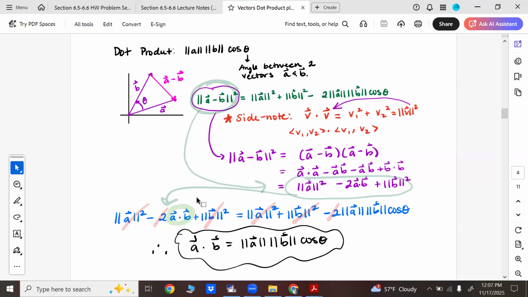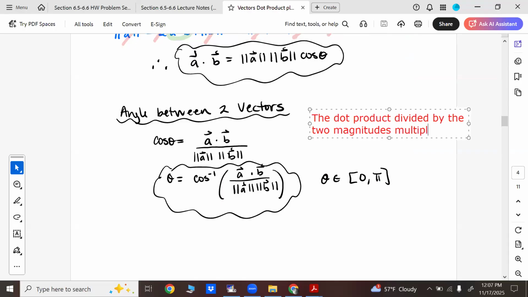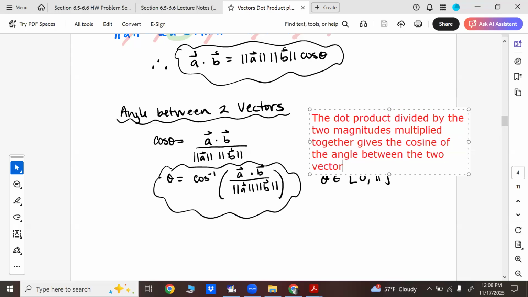Anyhow, let's not worry about the proof. But what you do need to be able to do is use that to find the angle between two vectors. So, I'll put it in a text box: the dot product divided by the two magnitudes multiplied together gives the cosine of the angle between two vectors.